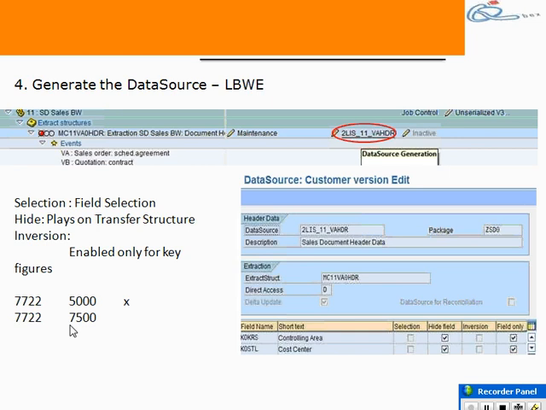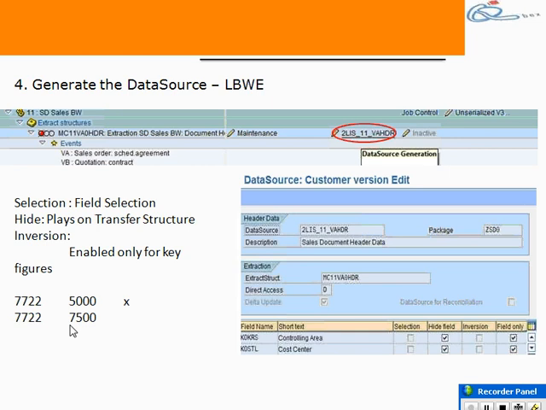When the document is changed from 5,000 to 7,500 in R3, the delta record is still collected as a change LUW with two records: 7722 5,000 before image, before the change, and 7722 7,500 after the change.